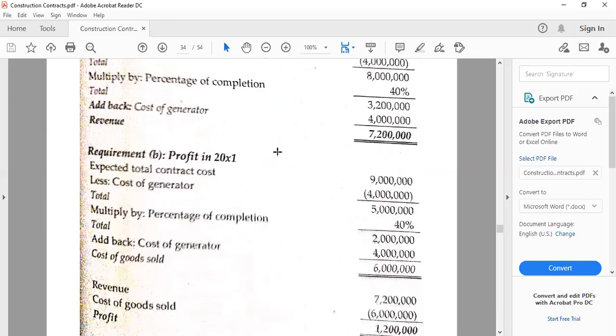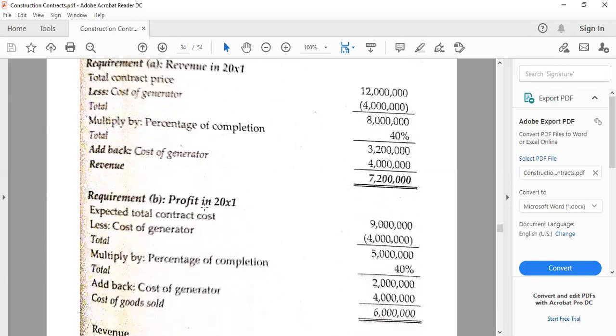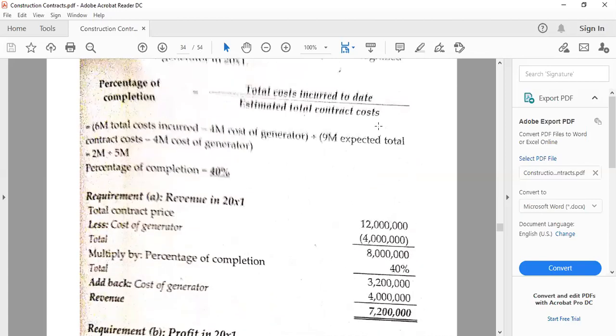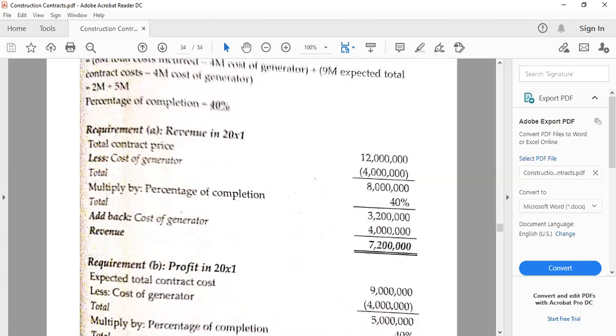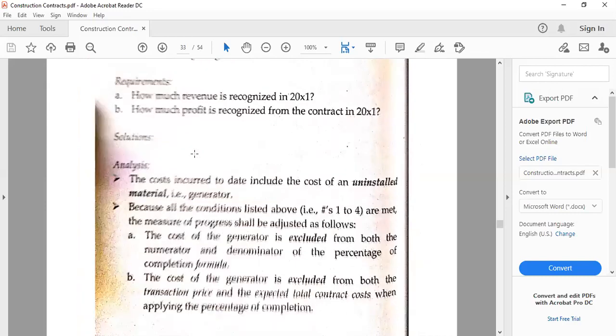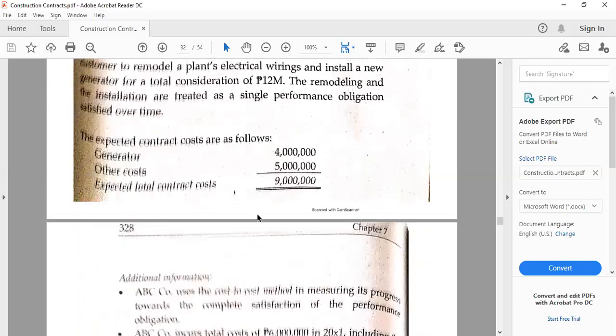And you can notice here, when we computed revenue and profit, that the total contract price is 12 million, and then the cost is at 4 million. And we get the 8 million here. So the cost of the generator, remember, this is the total expected costs to be incurred in the contract, which was 9 million, but we X'd this one.